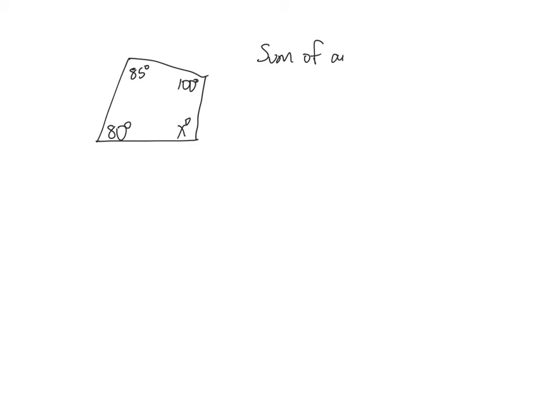Sum of the angles is 360 degrees. Okay, and then it's going to say write an equation and solve it. So sum means addition, so all the angles are going to add up to 360 degrees. So write an equation for that.